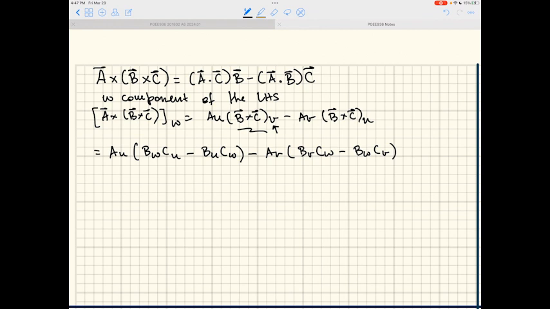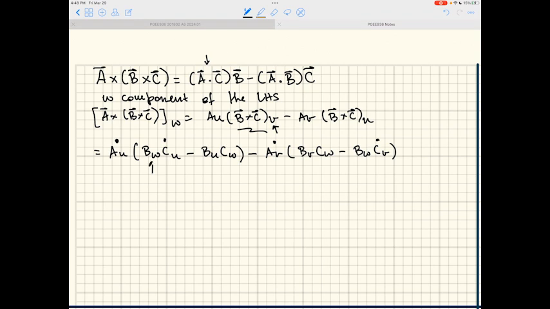Well, we have several terms here. We can almost identify a dot product. For instance, A with C, which is almost here, right? A with C, we have AU CU, and AV CV.